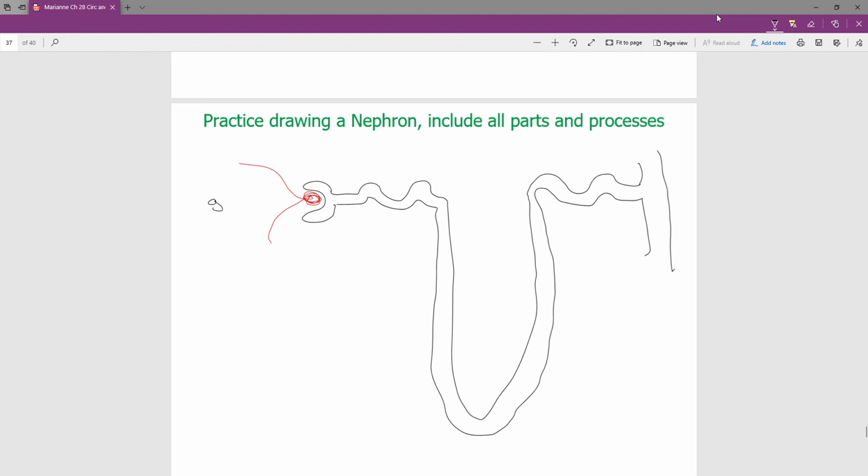So we have the glomerulus, the Bowman's capsule, we have the proximal tubule, that's this one here. We have the distal tubule, that's this one here. We have the collecting duct, and we have the loop of Henle.